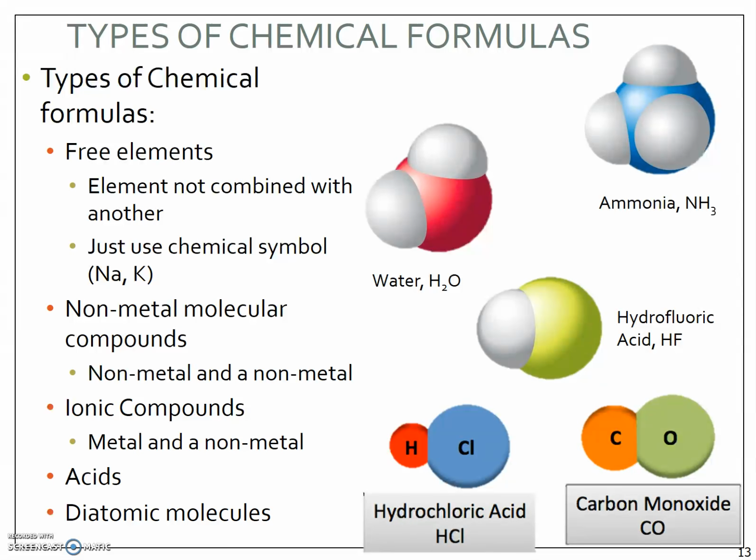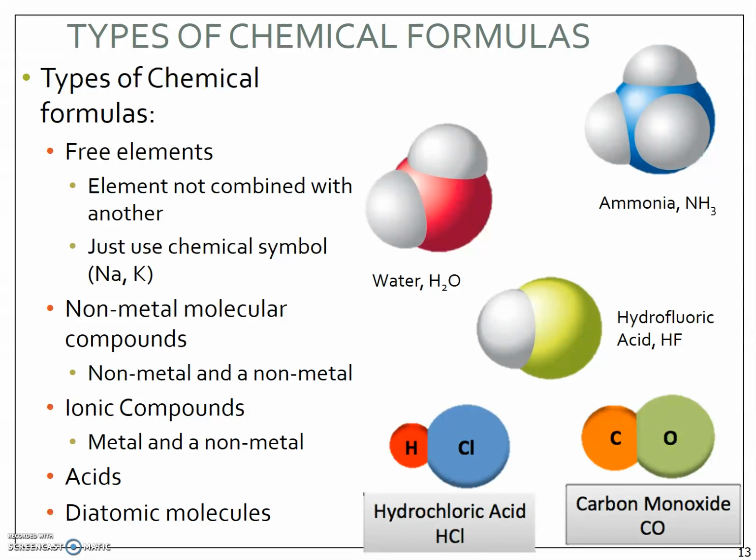Now, there are non-metal molecular compounds and ionic. If you've taken chemistry several years ago, you might have seen that instead of calling it a non-metal molecular compound, it can also be referred to as a covalent compound. This talks about the kind of bonding. We'll learn about this in later chapters, but just for a brief introduction, there are 2 main types of bonding that we're going to talk about in this course, and that is covalent and ionic.